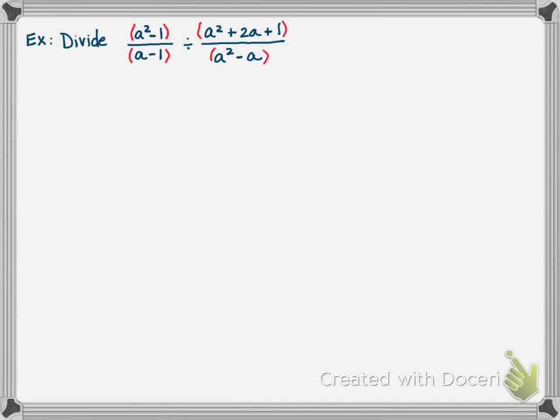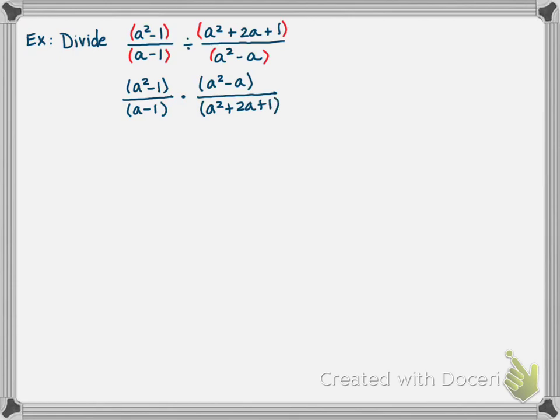And then we divide fractions by rewriting as multiplication by the reciprocal of the divisor. The divisor is the thing that you're dividing by, so it's always what comes after the division sign. So I can rewrite this as a squared minus 1 over a minus 1, times a squared minus a over a squared plus 2a plus 1.